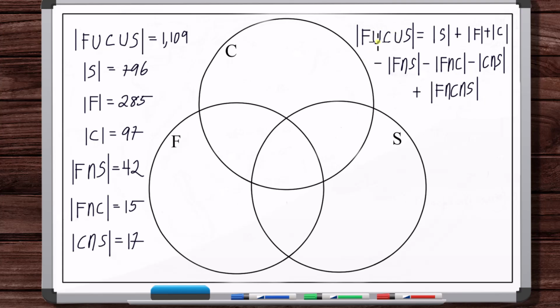So F union C union S is 1,109. The number of elements in S, F, and C is 796, 285, 97. Then F intersection S, F intersection C, C intersection S, and then plus the triple intersection.